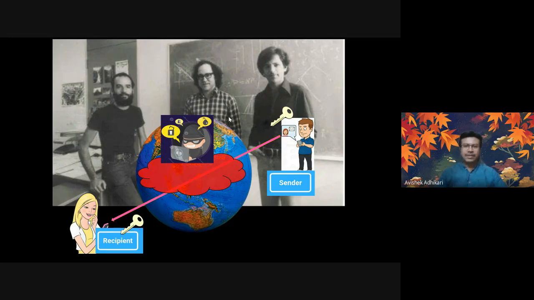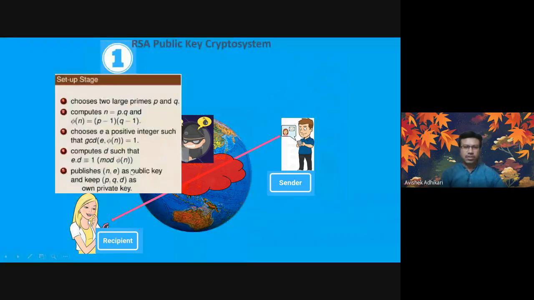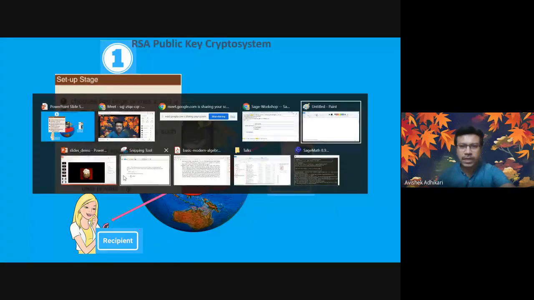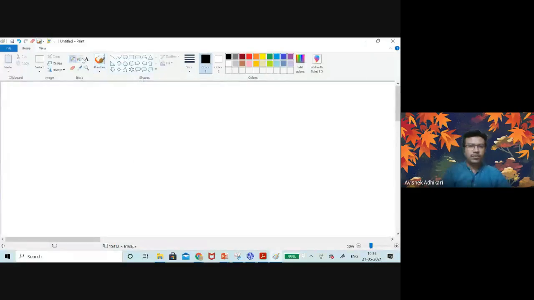So as I just mentioned, suppose he is the sender and she is the recipient. In case of the RSA public key crypto system as well, the recipient should take the initiative first to make the infrastructure. So it works in this way. So first the receiver, so C is the receiver, I will just make you see one more time, because today we are going to prove it.